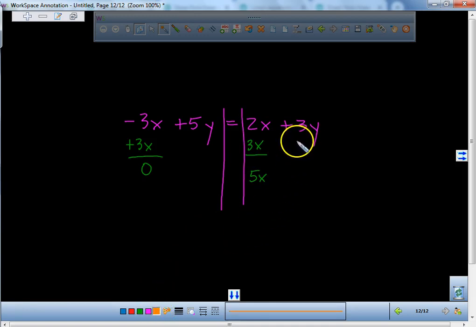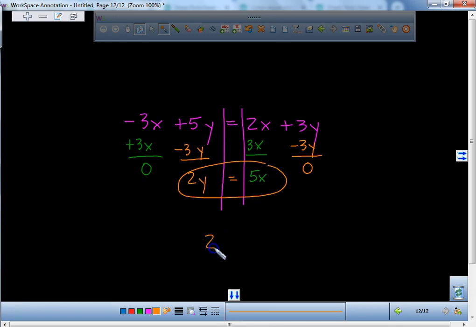How do I get rid of 3 y's? Well, I have to subtract those from both sides. And what happens here, I'm left with 2y. So let's think about what we have here. We've got what? 2y equals 5x.